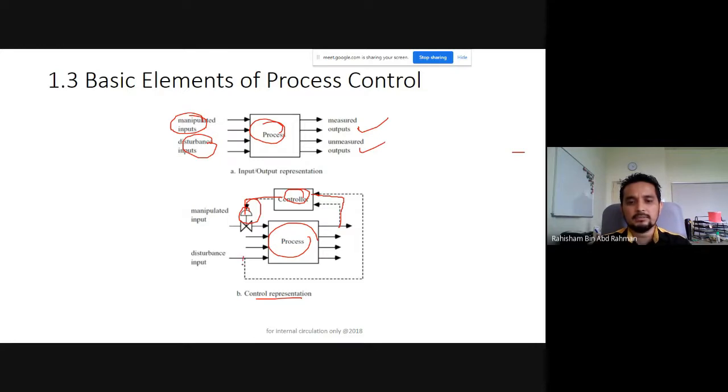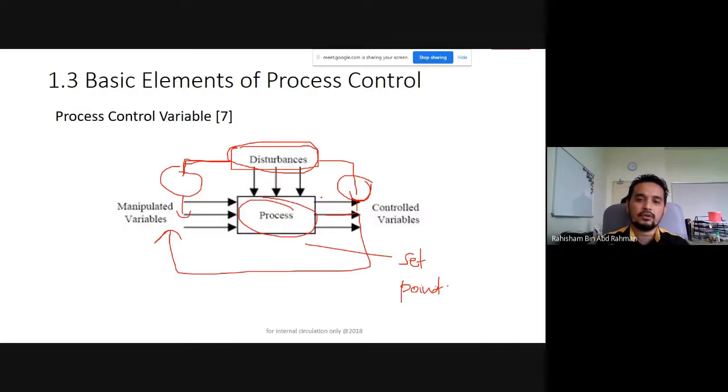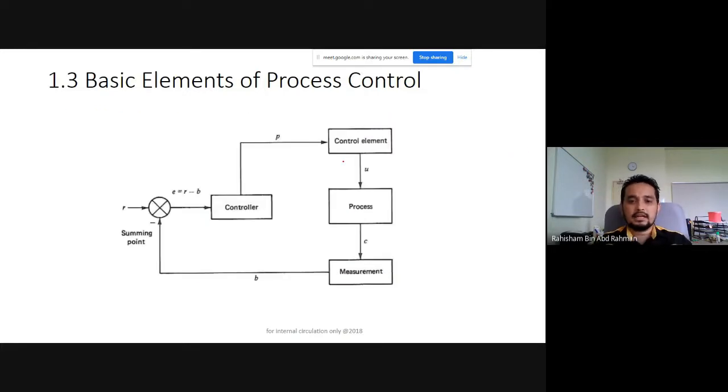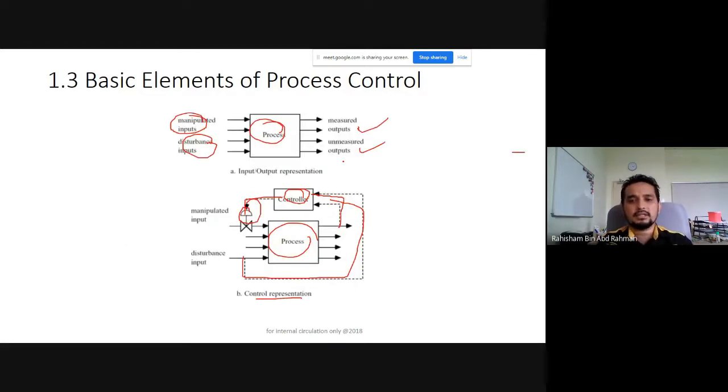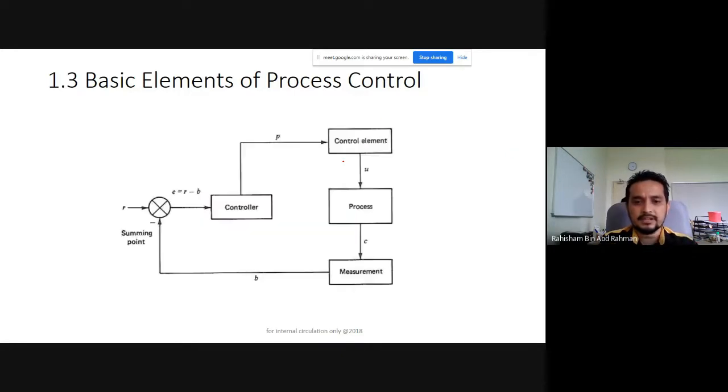Or the disturbance input can be fed into the controller directly, as I explained before. There can be option 1 and option 2, either 1 or 2. I don't want to explain this in great detail. We're going to look into it later when we come to the actuator, sensor, etc.